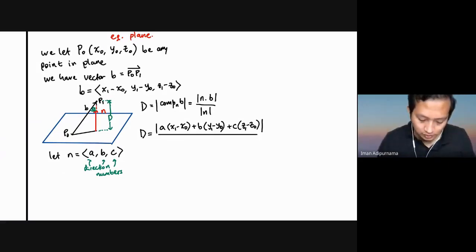And the magnitude for vector N will be square root of a squared plus b squared plus c squared. Okay.